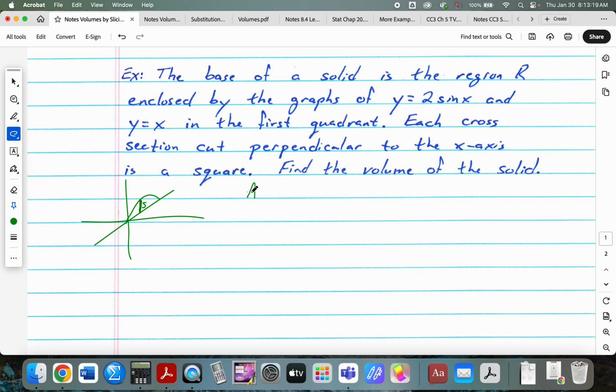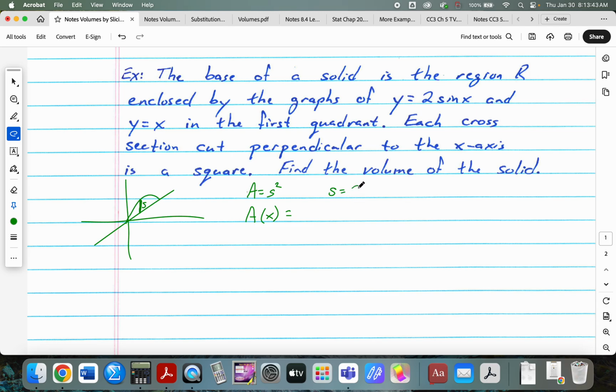So the area for my cross-section is side squared. Make sure you have the right area. Now I need the area in terms of x. Well, in order to get that, I need to know what is this distance at any place that I slice. Well, S is going to be the difference between these two.